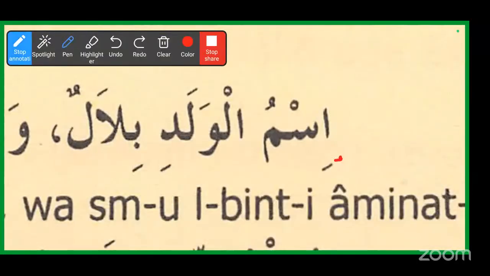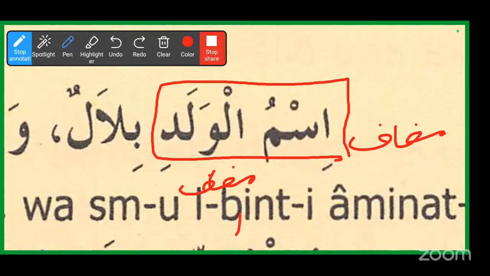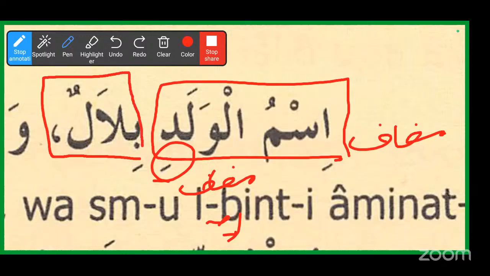Now, Ismul waladi. What tarkib is it? This is mudaf and mudafun ilayh. The mudafun ilayh has a jar here, right? And then the word Bilalun. Now the tarkib of this sentence becomes: Ismul walad is the mubtada, and Bilalun is the khabar for the mubtada.